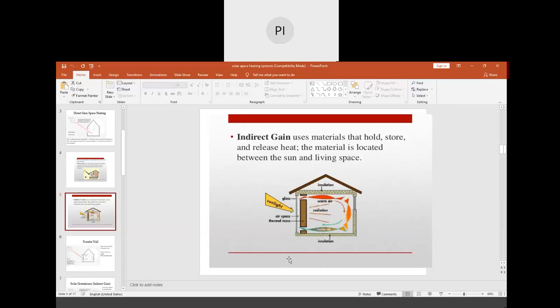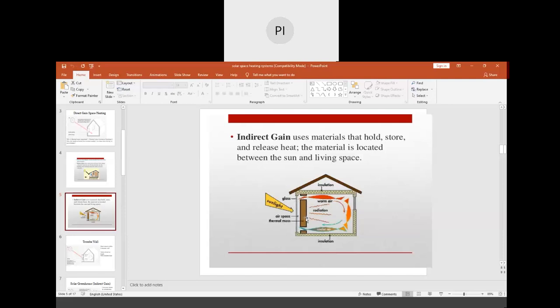Here we observe a glass. This is a house, and this is a glass window. Sunlight is incident on that glass window. There is a gap between the thermal mass and the glass plate that is filled with air. That is called the air space. That is the thermal mass.